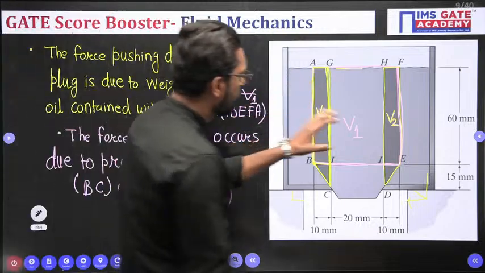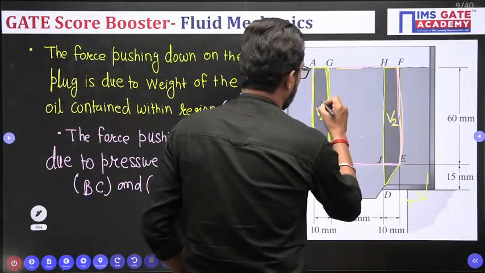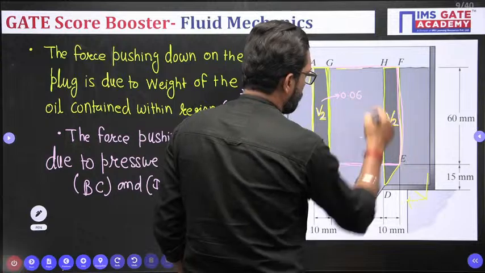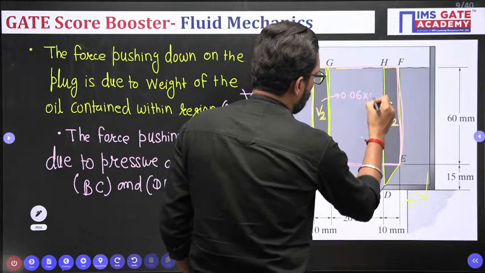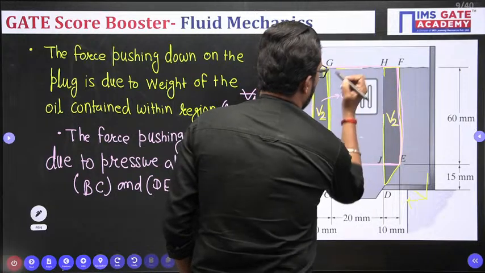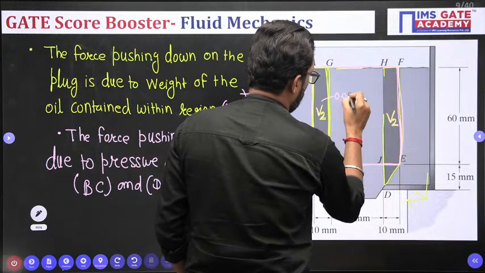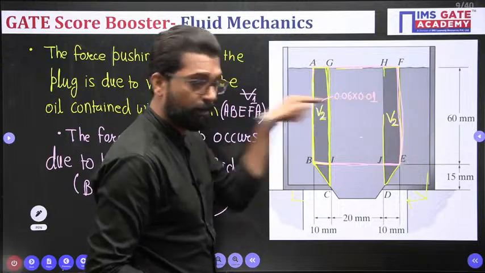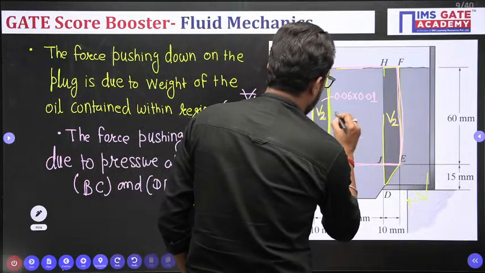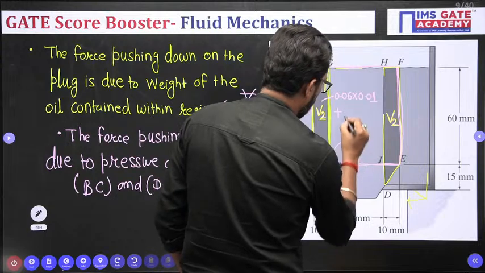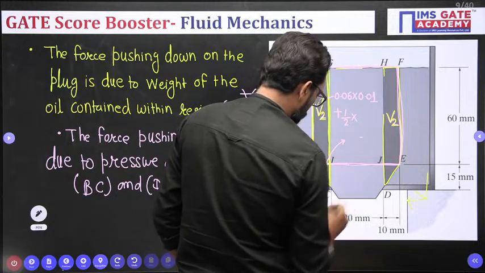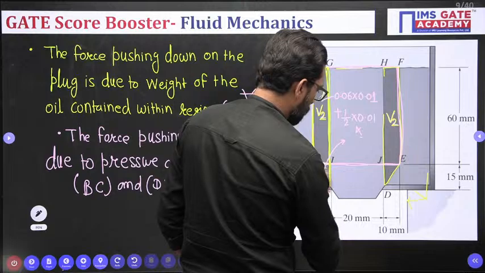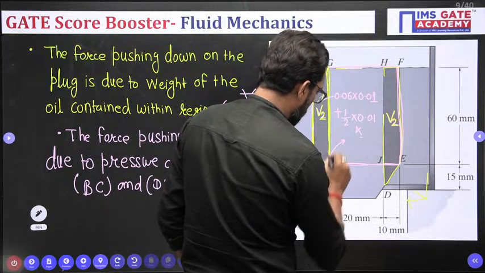One is the rectangle, so the volume of V2 is 0.06 into 0.01, this is the area of this one, multiplied with the depth, plus the area of this triangle, half into 0.01 into 0.05.